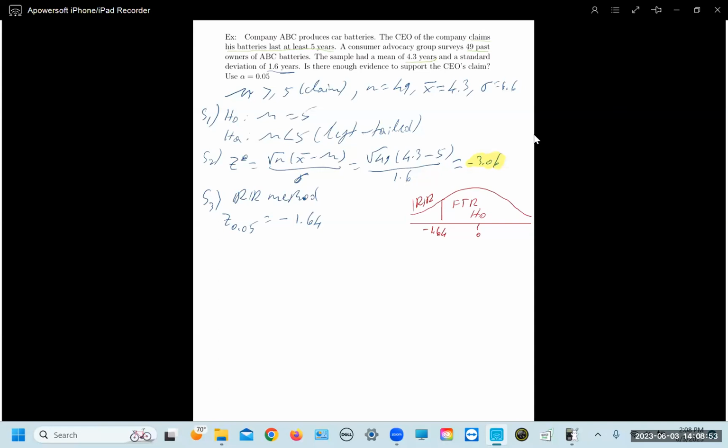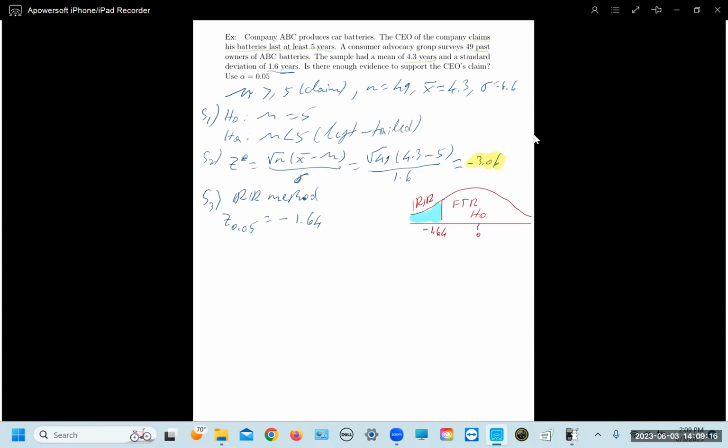As we can see, because this one is minus 3.06, it falls in here. So this is the reject region, we highlight it, so it fell into there.